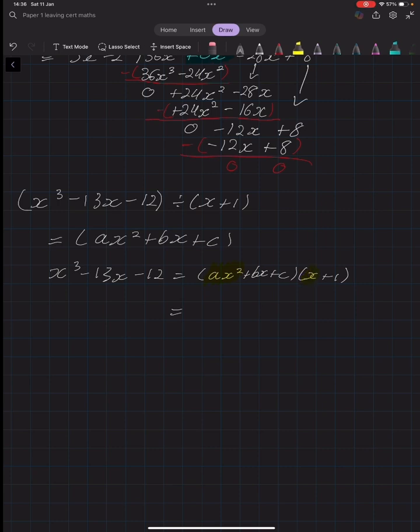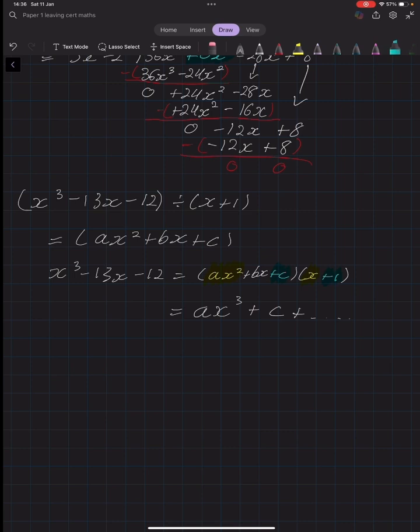And the only time you get a constant is when you multiply your plus c by your plus 1. So this is going to be ax cubed plus c plus other things.